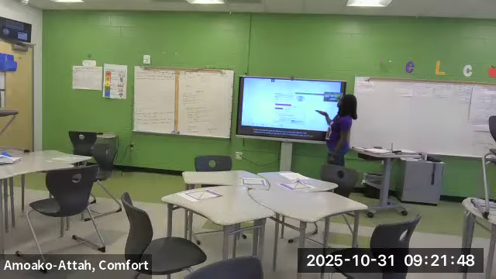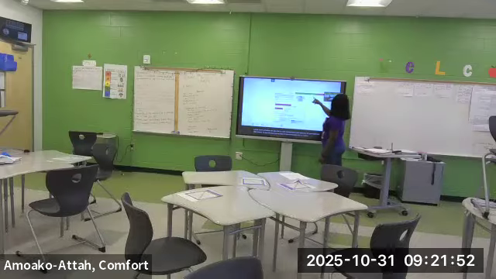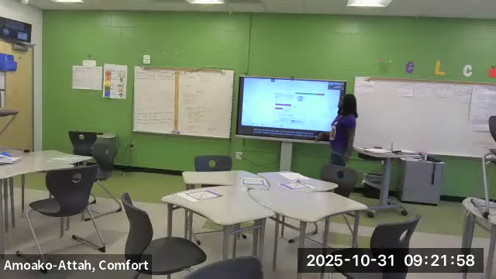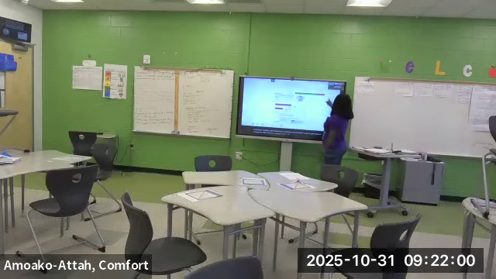Now, whatever I do to the denominator, I do the same thing to the numerator. It means that we need to multiply the numerator by 25 to get the final answer. So what is 25 times 6? That is 150. So we have expressed this as an equivalent ratio. Right.